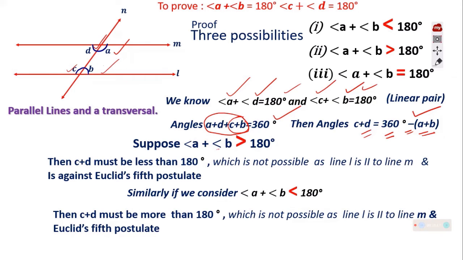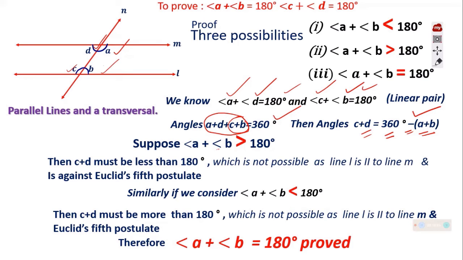Similarly, if you think that angle A plus B is less than 180, then angle C plus D becomes more than 180. That is not possible. Both are not possible, whether angle A plus angle B is more than 180 or less than 180. Then they must be equal to 180.